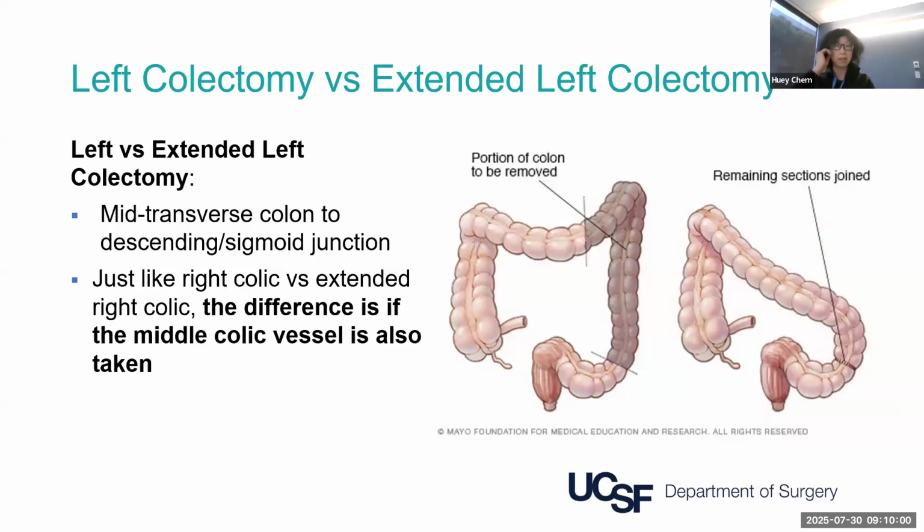So similarly, for the left side of pathology, we can also do a left colectomy or extended left colectomy, again depending on the blood vessels or the lymphadenectomy involved. Obviously, for benign disease it's not as critical.